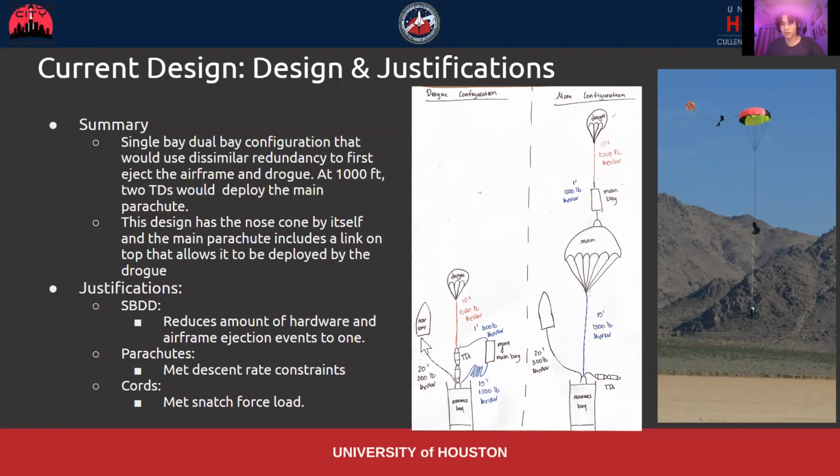One of my concerns that I brought up to Randy of doing this is that you will have to run a cord basically from the U-bolt over here, and whenever it's packed inside the nose cone before anything deploys, you would have this cord running through all of those components to the top of the nose cone.